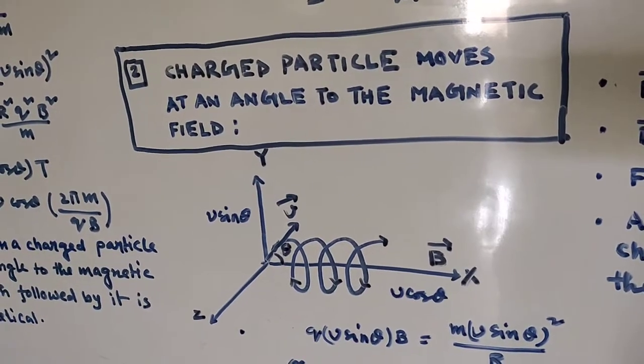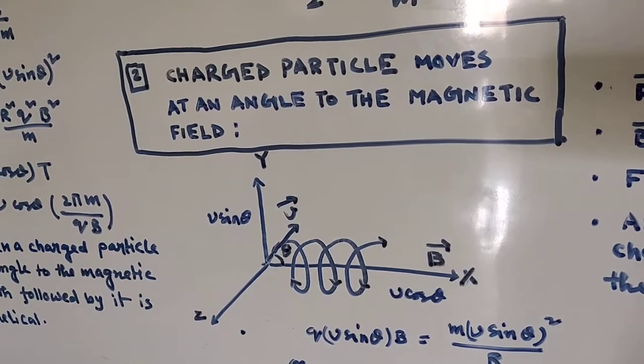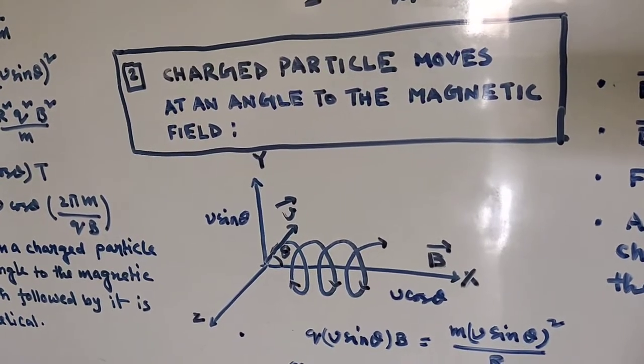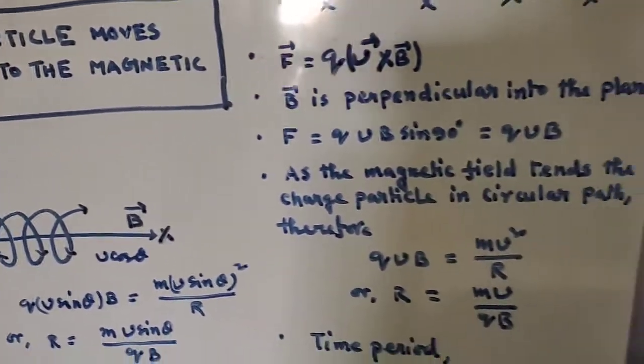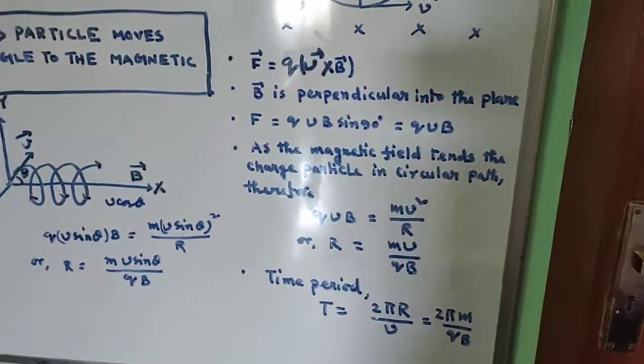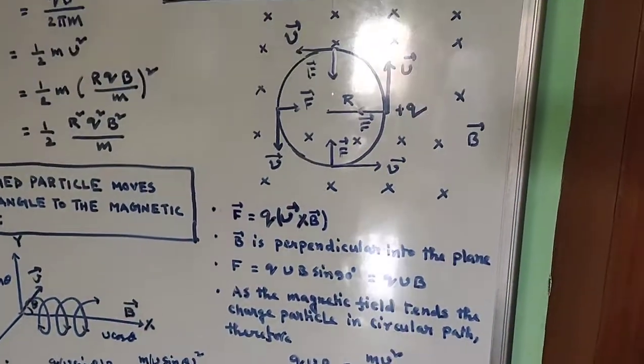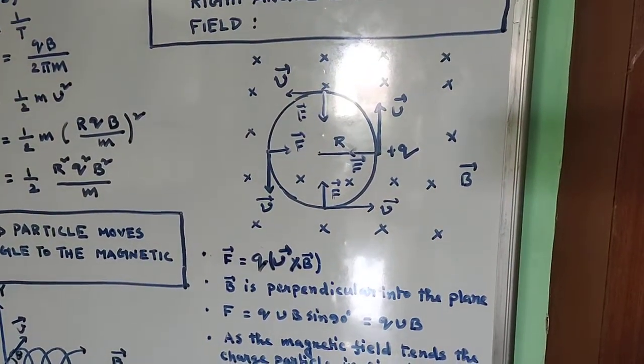Now if you see the figure, v sin theta is perpendicular to the magnetic field. Whatever expressions we got earlier were under the condition that the magnetic field is perpendicular to the velocity.